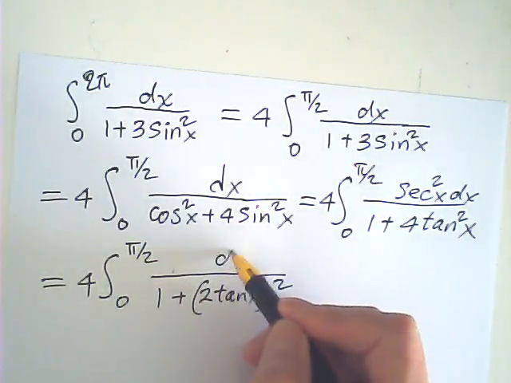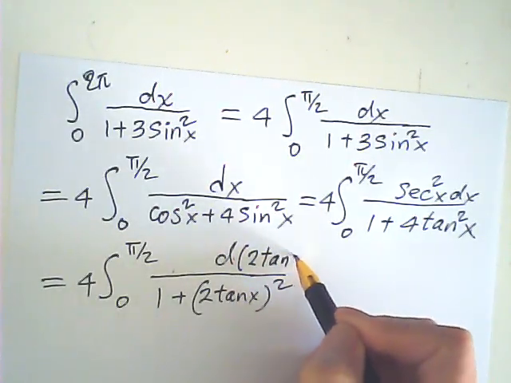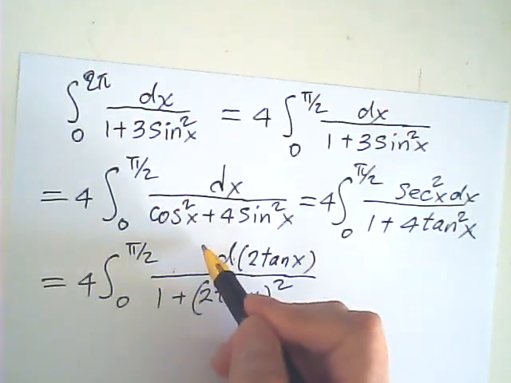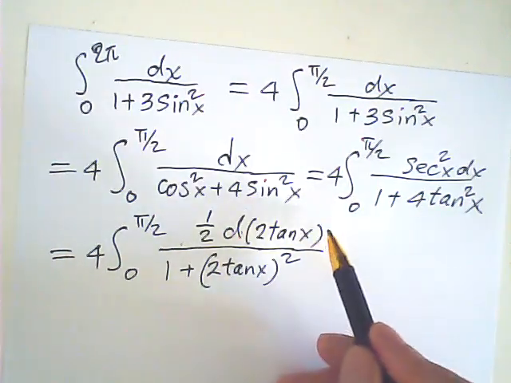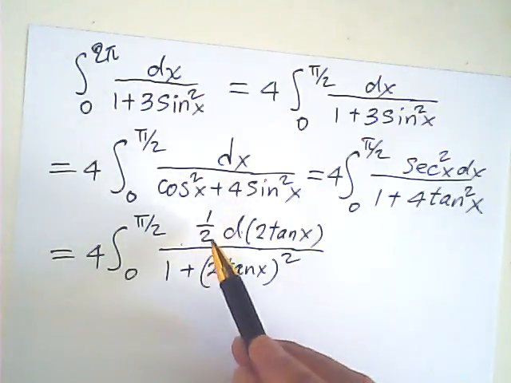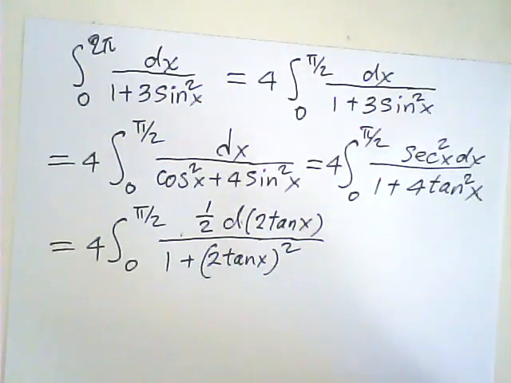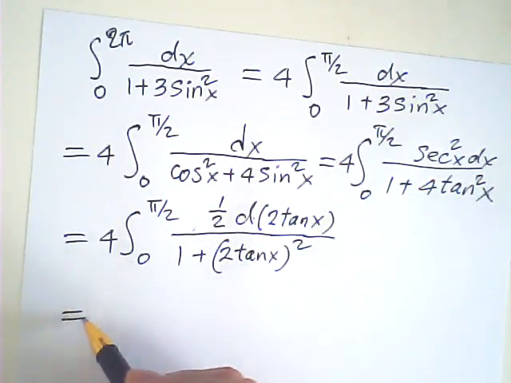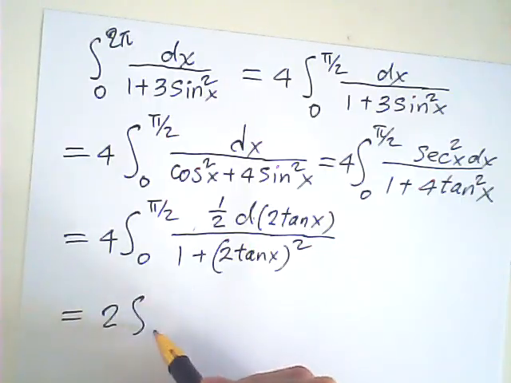I can write this one as d of 2 tangent x, to balance the equal sign, I multiply by 1/2, right? Yeah, that is secant square x dx. Now I can use the formula. This is true, right?